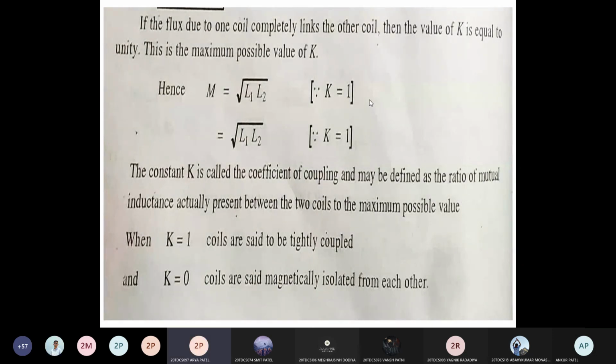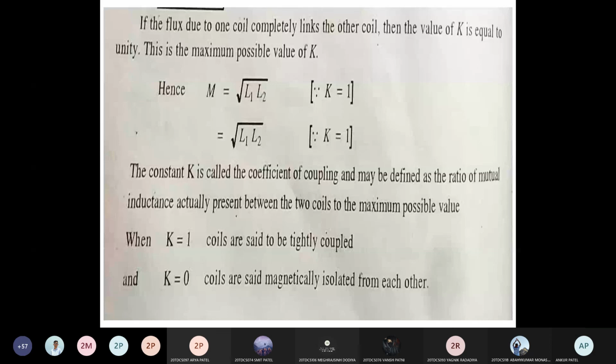Sir, is there any diagram showing how they look when k equals 1 and when k equals 0? Okay, that I am not having, but accordingly you can understand there is a variation of flux linkages with coil 1 and 2. If k is less, then the flux from coil 1 that links with coil 2 is a small amount. If I find a video, then I will show you.